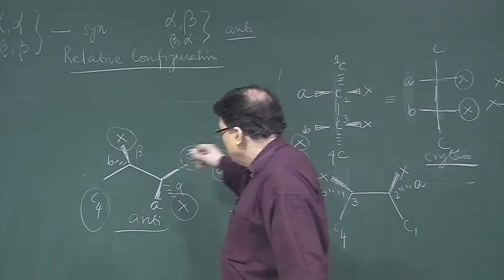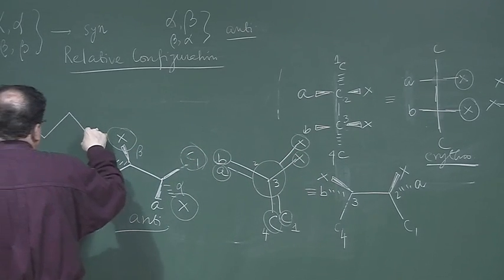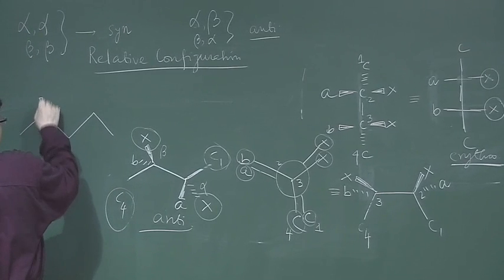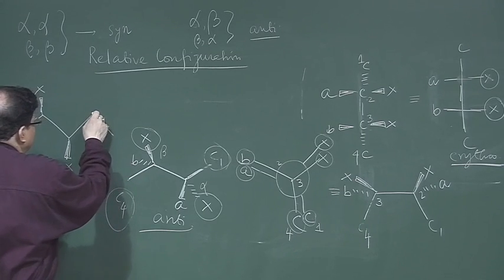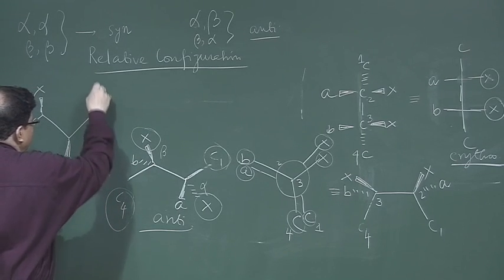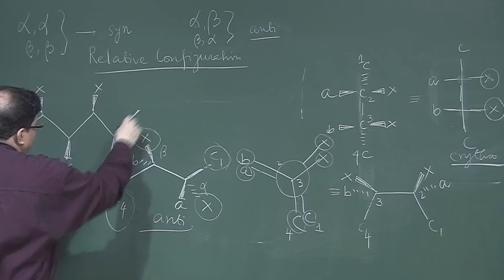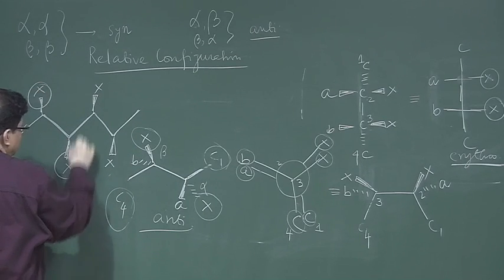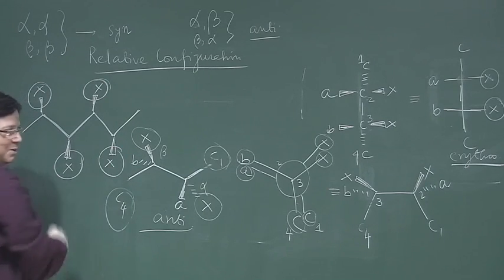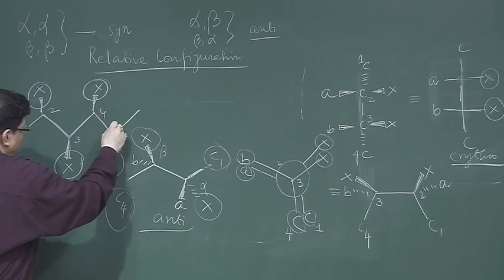This was later extended to compounds having more than two asymmetric centers. Suppose you have a molecule like this: you write the carbon chain in zigzag fashion and see the alpha-beta status of these X's. Suppose this is carbon 1, 2, 3, 4, 5, 6.